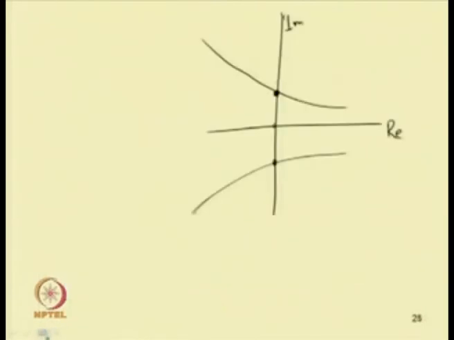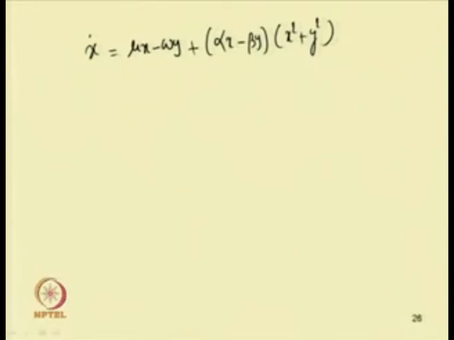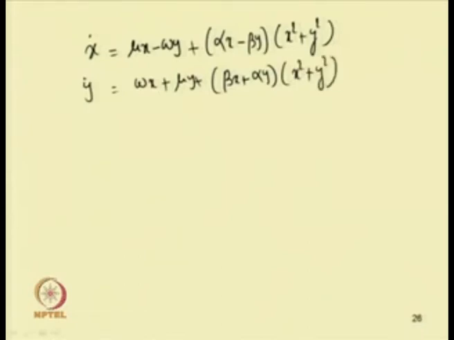Let us take this example and check what will happen to the response of the system. For the equilibrium position, our x dot and y dot become 0.